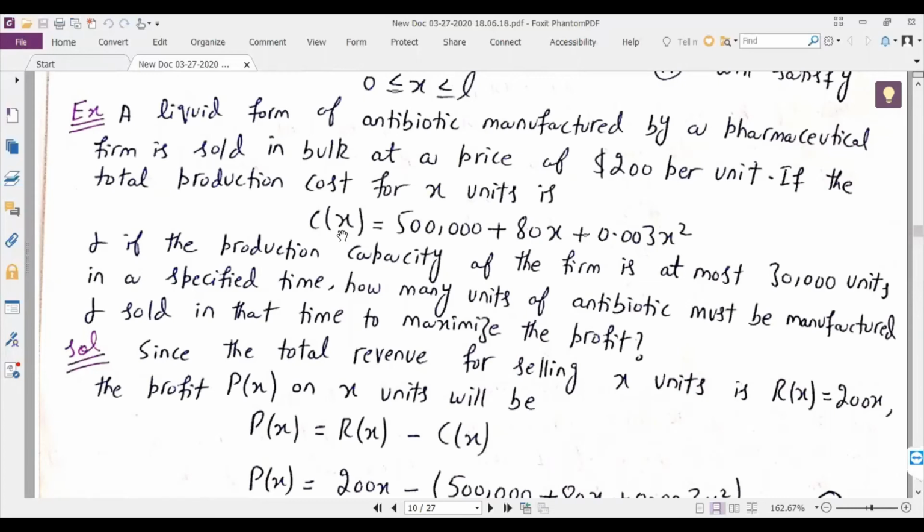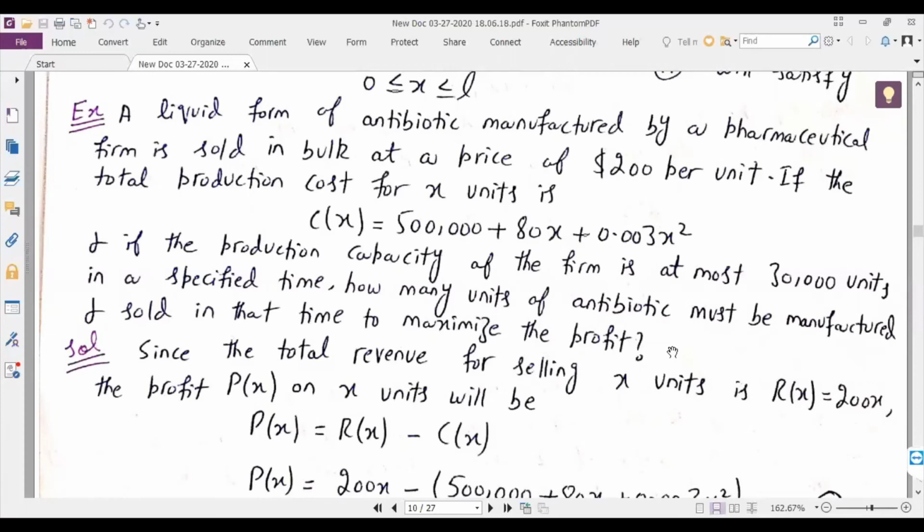The production capacity of the firm is at most 30,000 units in a specified time, which means the value of x will lie between 0 and 30,000. You cannot go beyond this. How many units of antibiotic must be manufactured and sold in that time to maximize the profit?